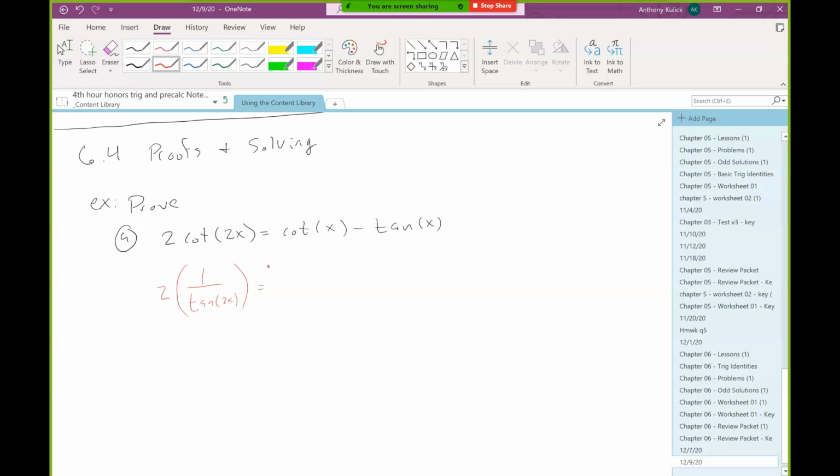And then I can use my double angle identity for tangent, but I'm going to write it as its reciprocal. So the double angle identity for tangent is 2 tangent x over 1 minus tangent squared x. I'm going to write that as a reciprocal, though, because I have 1 over tangent 2x and not tangent 2x.